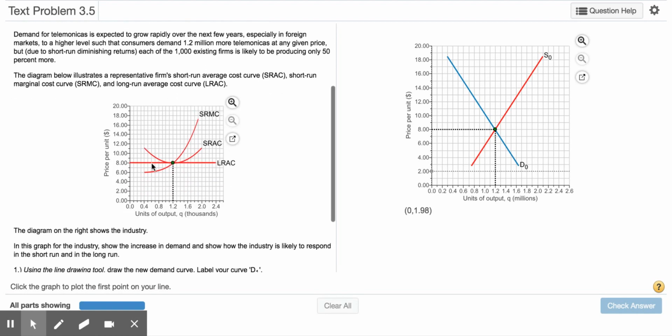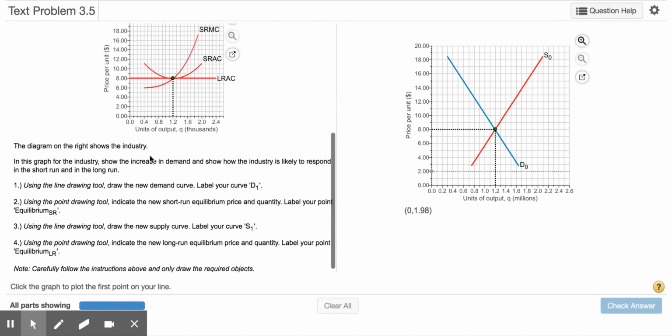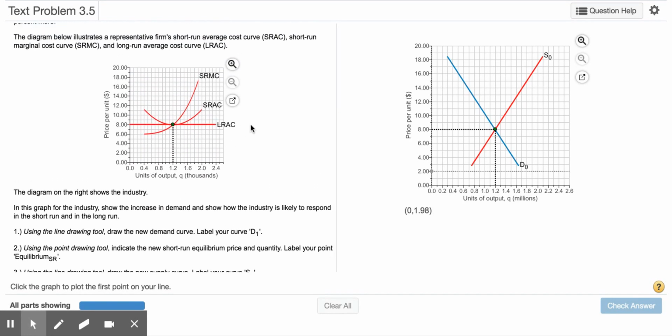This figure shows us the long run equilibrium price. We know that in a perfectly competitive market, firms take the equilibrium or market price as given and determine the level of output.